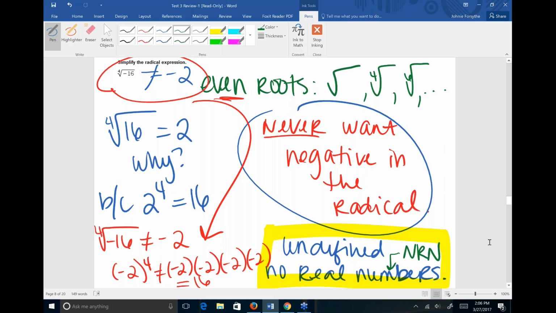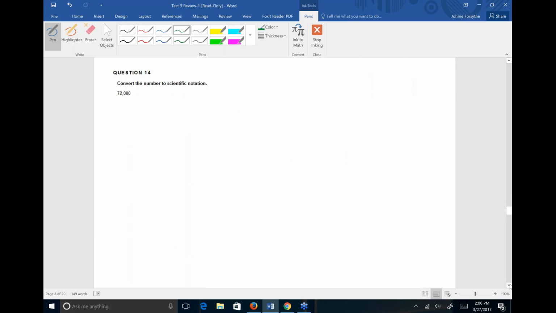Question 14, convert the number to scientific notation. So we have 72,000. Based on this number, your decimal technically would be right here.